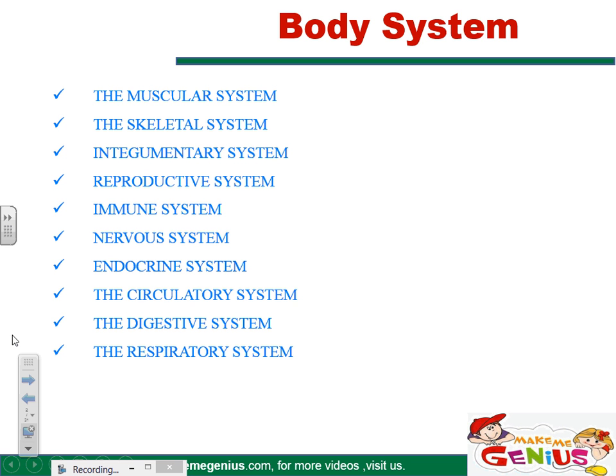You should have, there's 1, 2, 3, 4, 5, 6, 7, 8, 9, 10. There they are. That's all 10 of them. The one that I don't want you to put down is the excretory or urinary system. I don't want you to list that one.